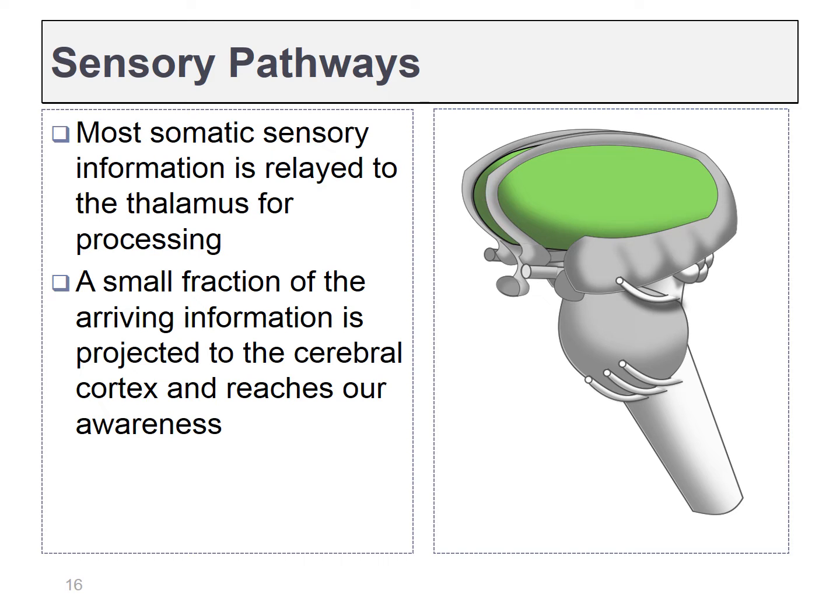And the thalamus gets a chance to filter that information. That's a very important task, because we are getting bombarded with all sorts of information, way more than we could possibly pay attention to all of the time. We have to decide what we're going to focus on and what we're going to ignore.